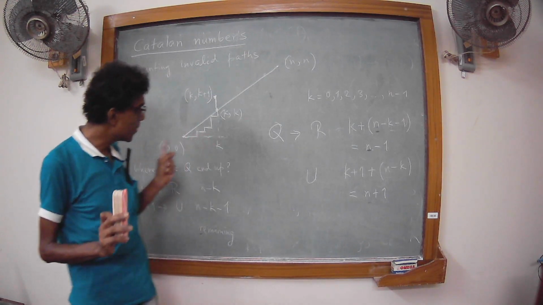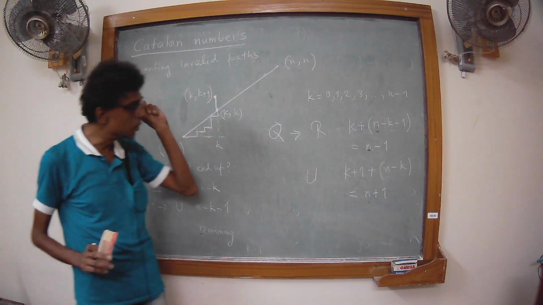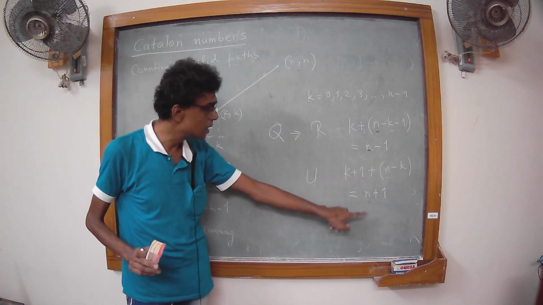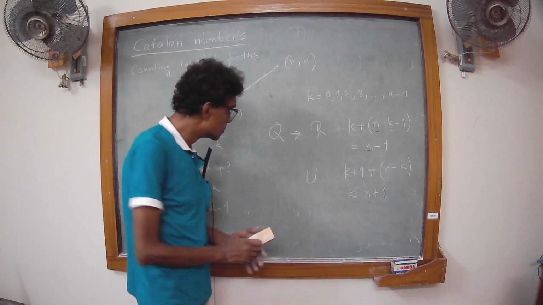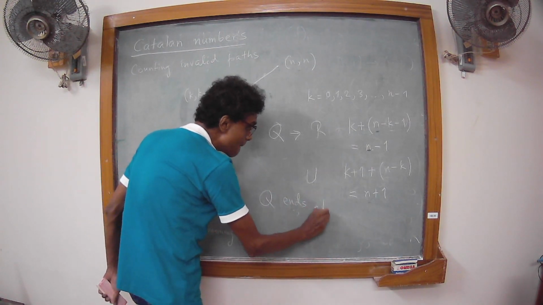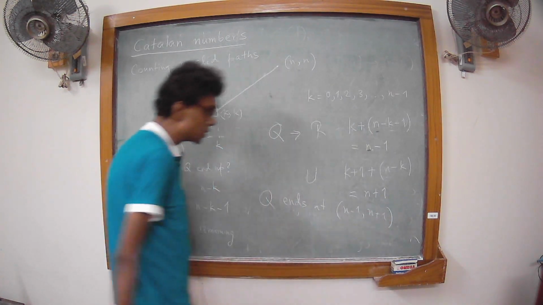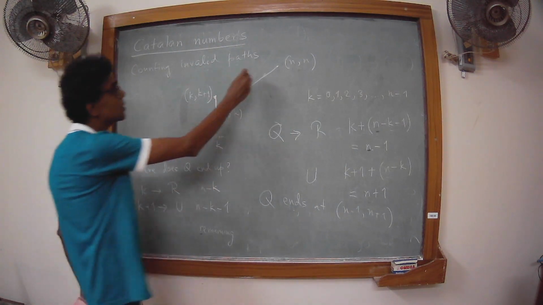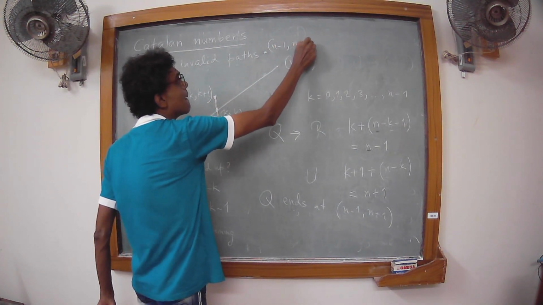So whenever I convert an invalid path by following that construction, it will always end up at n minus 1, n plus 1. This is the point. So Q ends at n minus 1, comma, n plus 1. Somewhere here. This point.